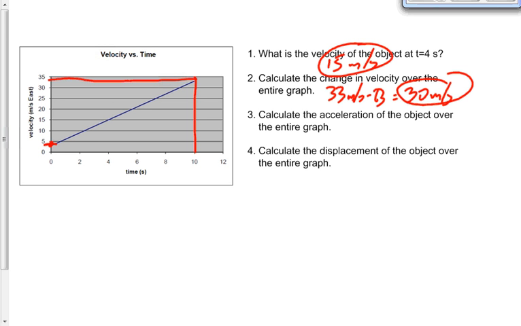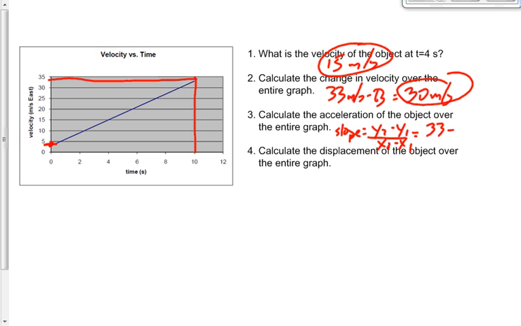Now the acceleration we said was the slope. The slope is y2 minus y1 over x2 minus x1. We might as well pick our first point and our last point. We don't have to, but that's usually the easiest. Our last point is 33. Our first point is 3.